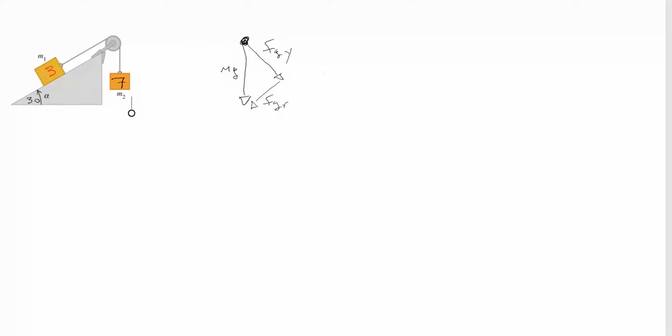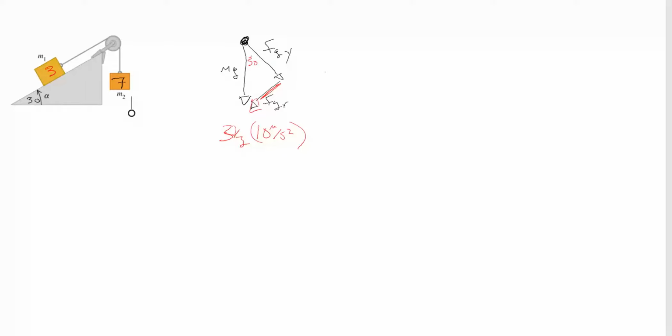Now, this guy right here is going to be a component of this. So whatever this value is, its weight. So it's its mass of 3 kilograms times gravity, 10 meters per second squared. And this angle here is 30 degrees.